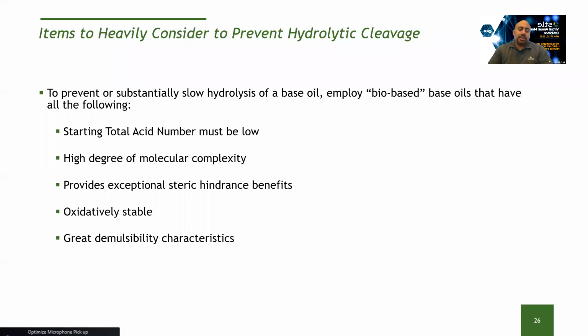They have to be oxidatively stable and have great demulsibility characteristics. If you don't have great demulsibility, you tend to form emulsions. That means you have more water in the base oil, so there's a large chance that the base oil will hydrolytically cleave, especially when heat is being applied.